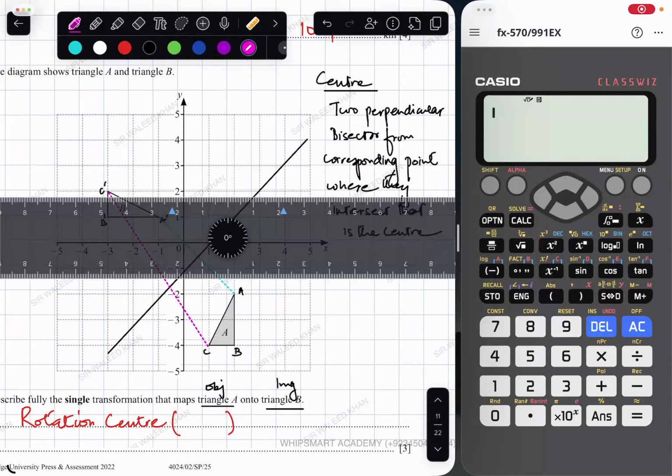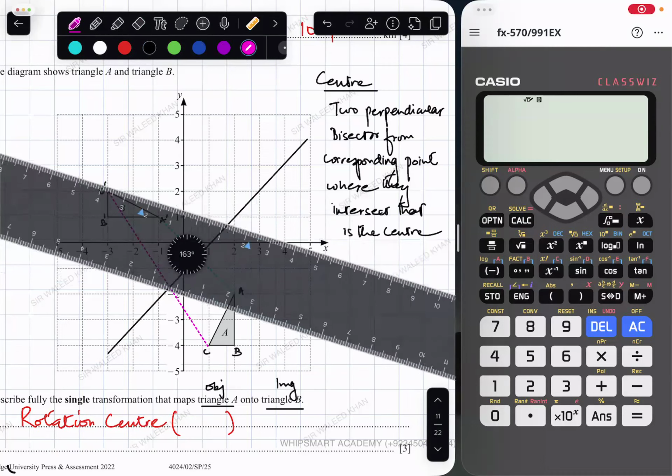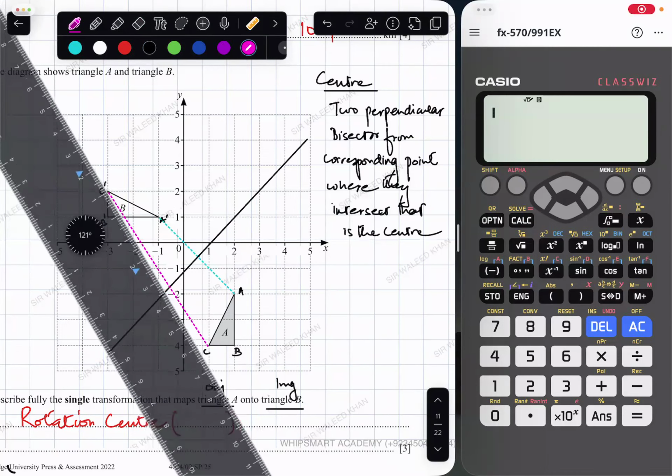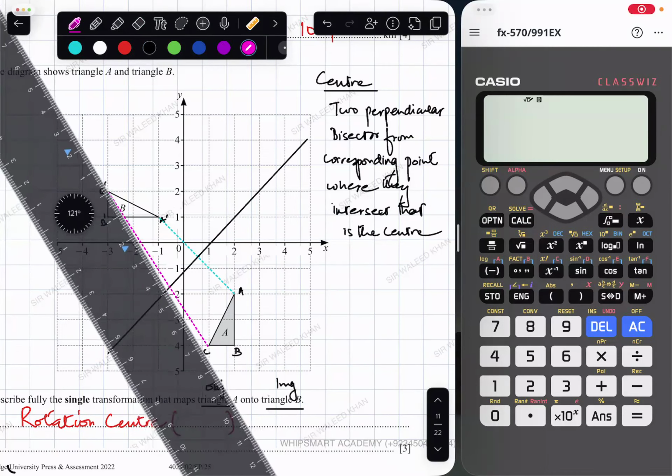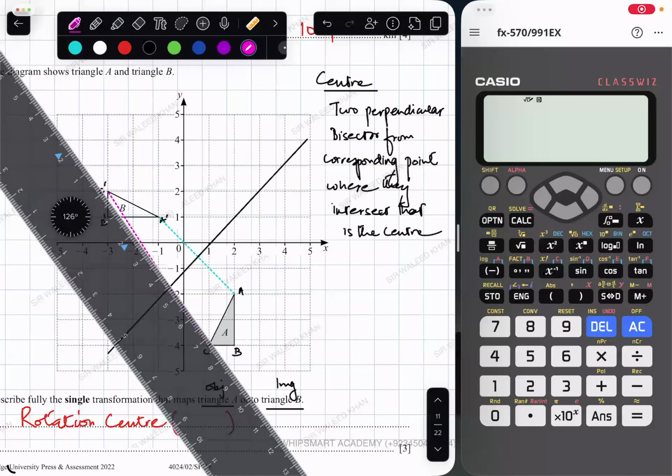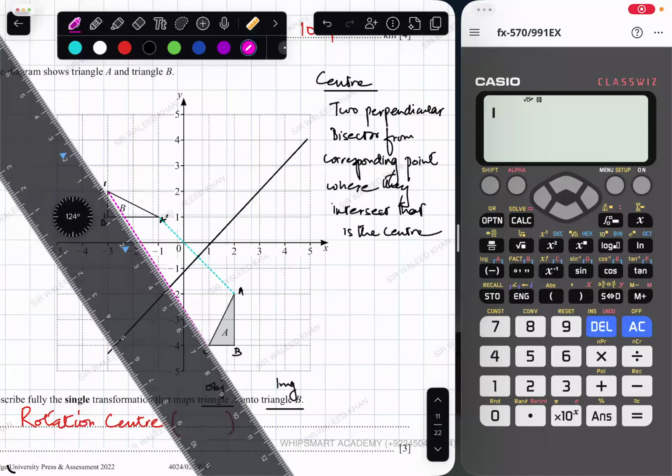So let me use a ruler. I'm using a ruler. I've already taught two people how to use a compass. Okay, so it's 7.2.